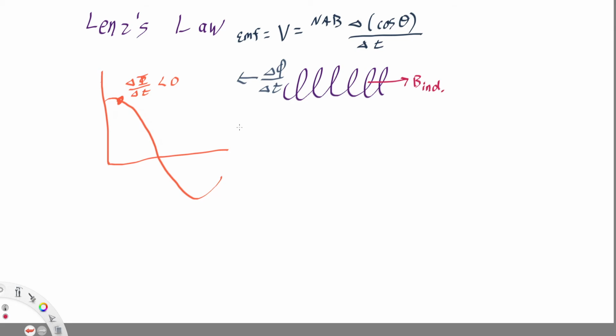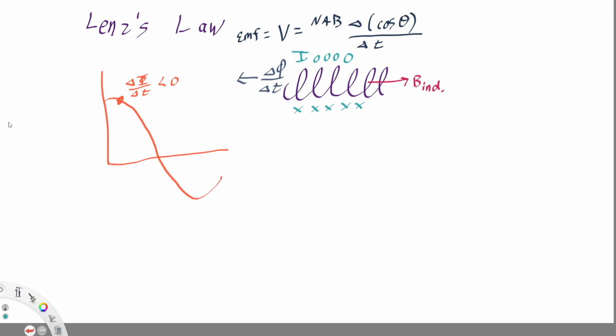Well, using the right-hand rule, thumb in the direction of the B field, fingers curling around the top, the current will be coming out of the page up here and into the page down here. So that is the direction that the current is going to be swirling around the solenoid.